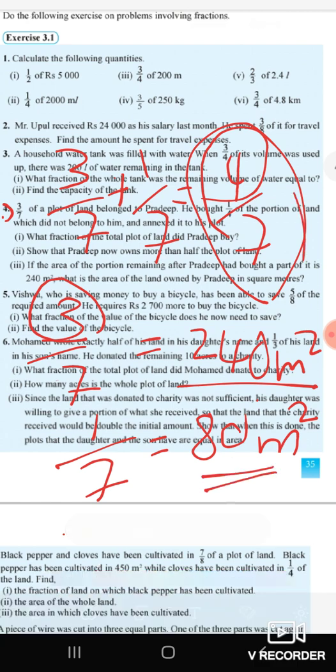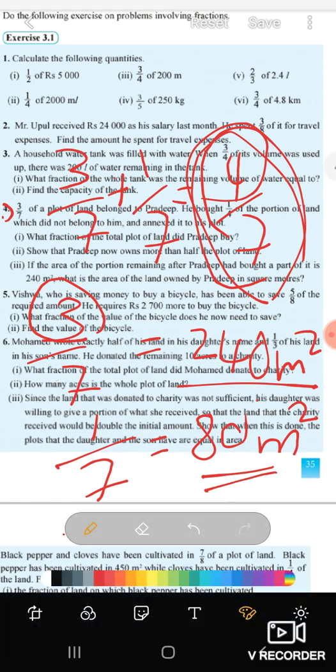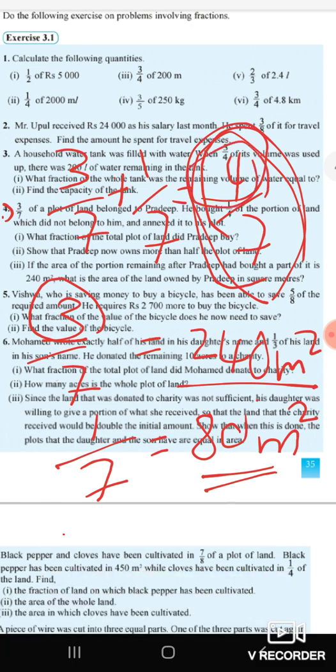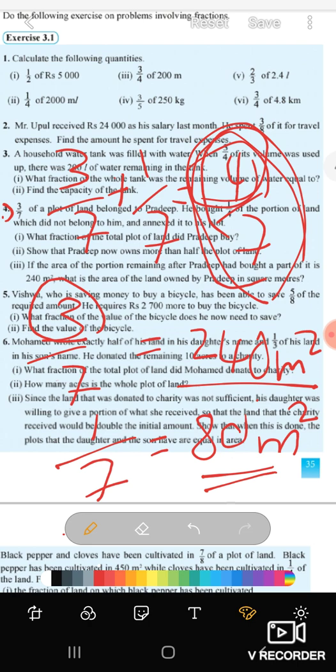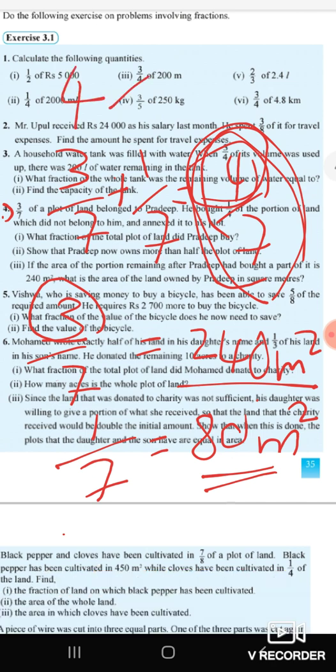The fraction of land which belongs to Pradeep is 4/7. So one portion is 80 meters square, and he owns 4 portions. 4 times 80 is going to be 320 meters square.